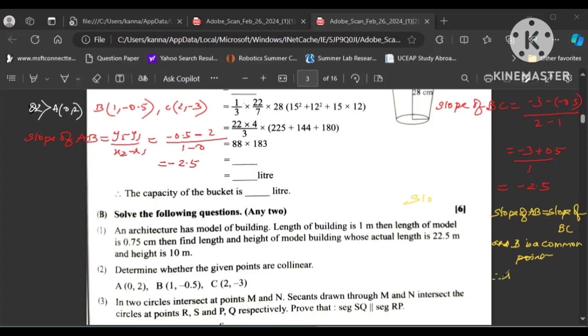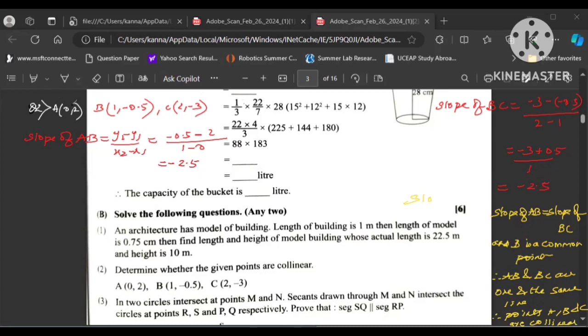Therefore, AB and BC are one and the same line. And if they are one and the same line, I can see that the points A, B, and C are collinear. A, B, and C are collinear. I hope everybody understood me here. See here, children.